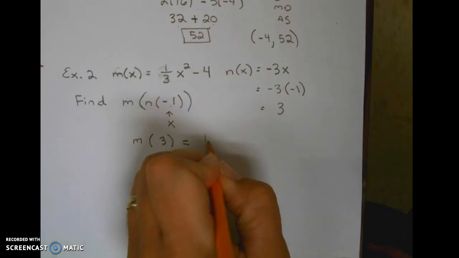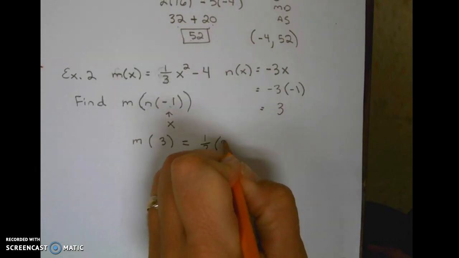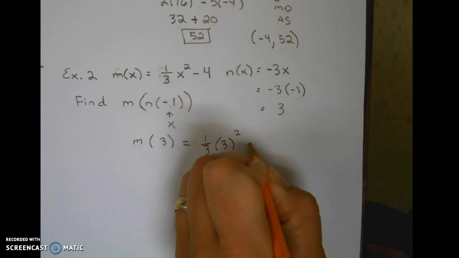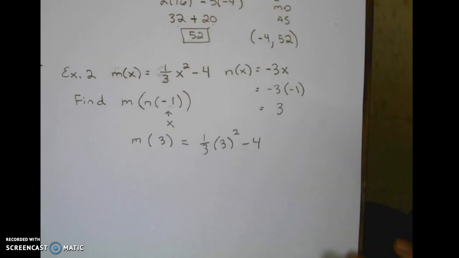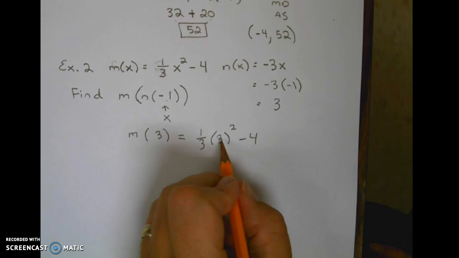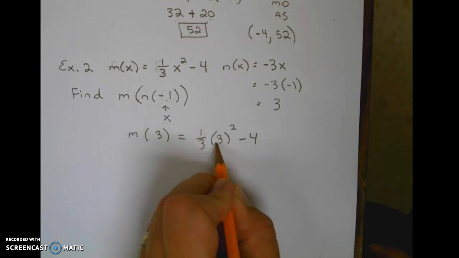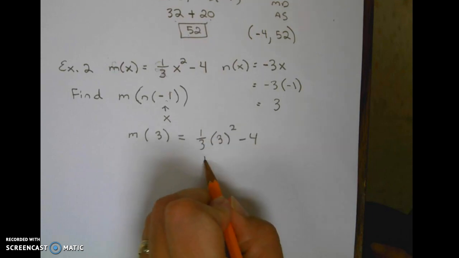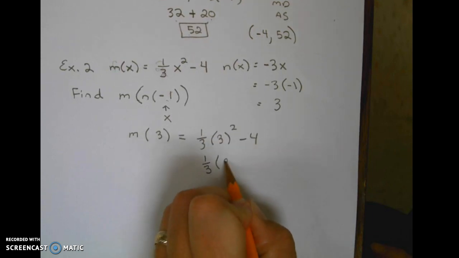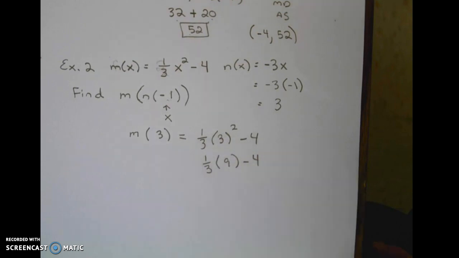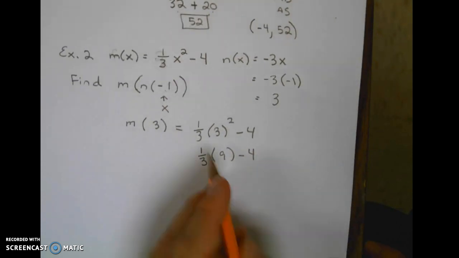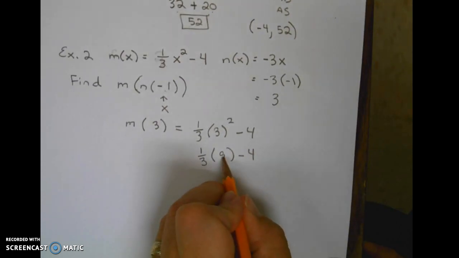So 1/3 times 3 squared minus 4. Order of operations: grouping symbol, nothing to do inside; exponents; multiply and divide from left to right, 1/3 times 9.